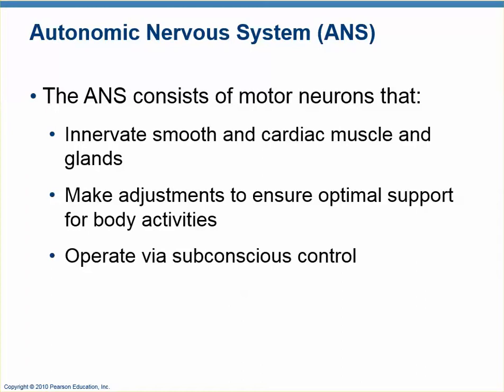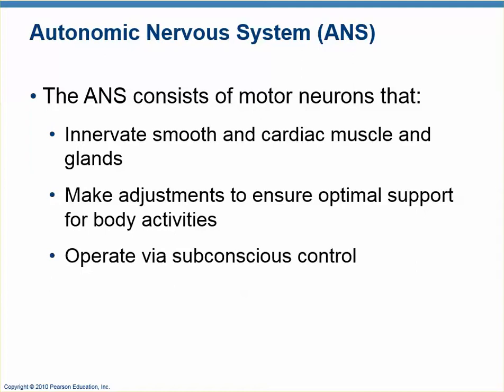Okay, so the autonomic nervous system is really the visceral motor side. On the sensory side, we have somatic and visceral. On the motor side, we have a somatic that goes to all the skeletal muscle, and we have a visceral, and that really is the autonomic nervous system.